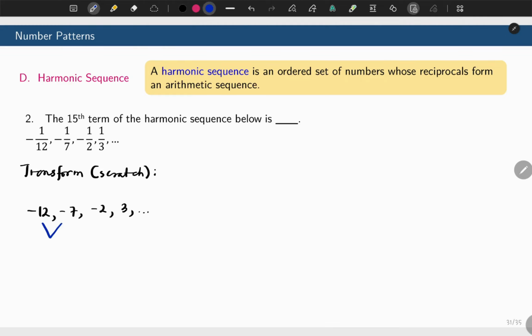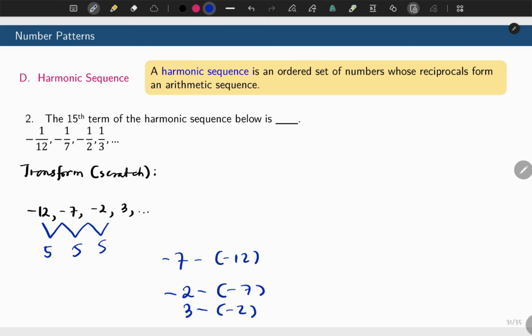Alright, the common difference of this, negative 7 minus negative 12, be careful with the sign, you have positive 5. Okay, negative 2 minus negative 7, that's positive 5 as well. 3 minus negative 2, mag-plus na yon, positive 5 din.